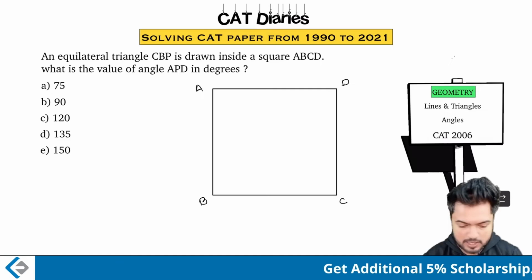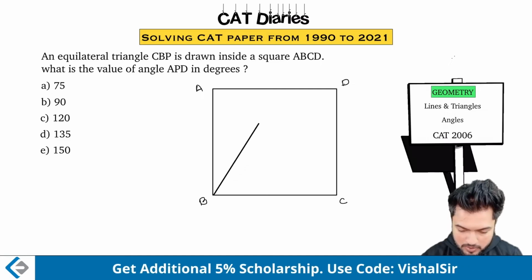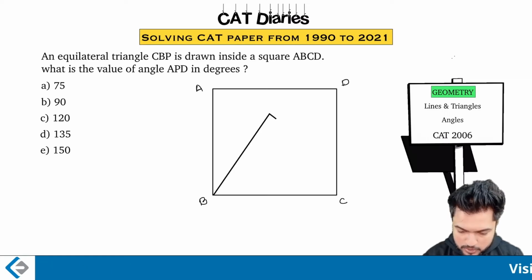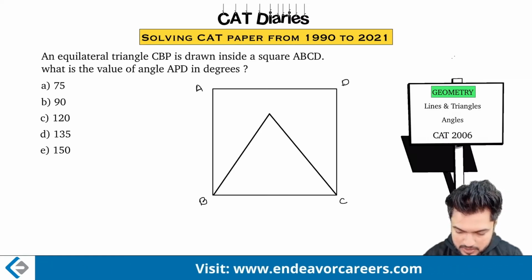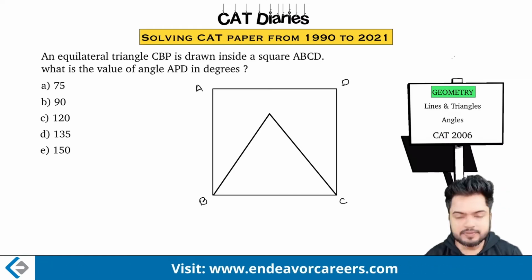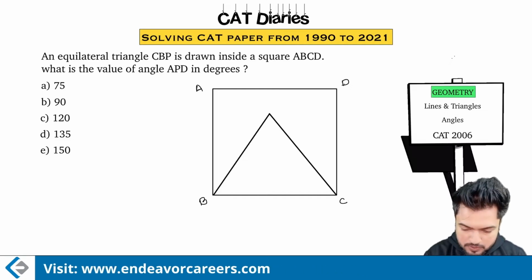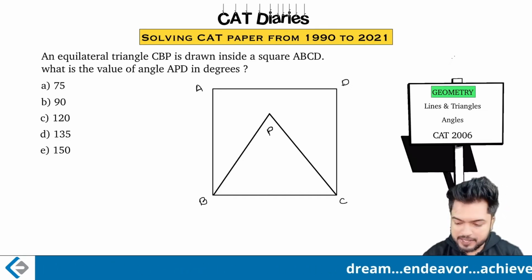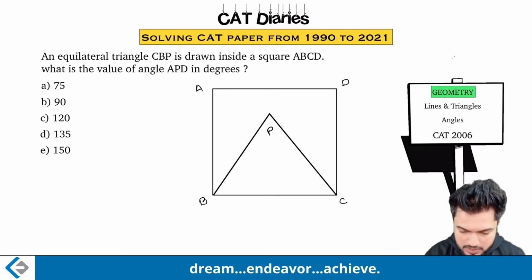So that's what I'll do here. I'll now draw the right diagram, which is something like this, stopping at the bottom. I told you where the scope of making a mistake is in this case. Now I'll say this is my P. What am I being asked? APD in degrees. So I need to find this angle APD in degrees.